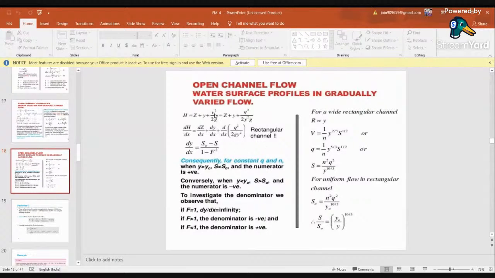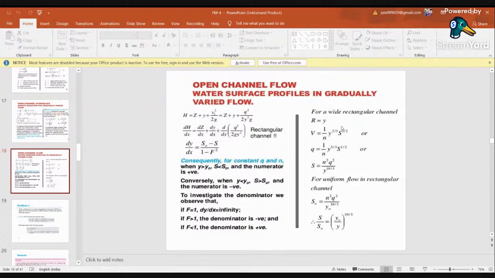Now this is for a normal channel. But when your section is rectangular in nature with a wide rectangular base, the channel is wide, then the hydraulic radius will be equal to the depth of the section. So in Manning's formula, V equals 1 by n R to the power 2 by 3 S to the power 1 by 2, R will be replaced by y.